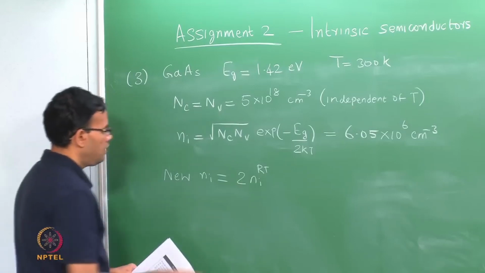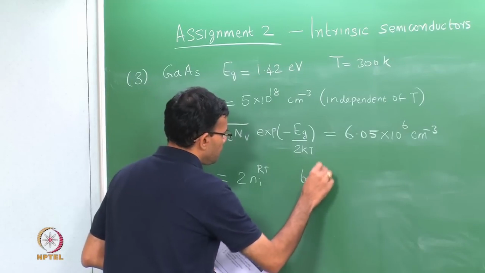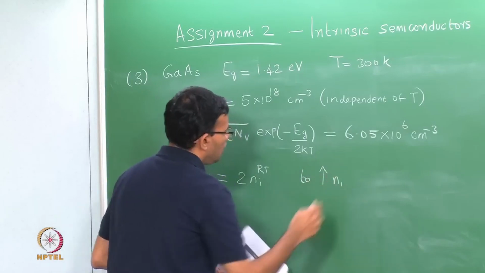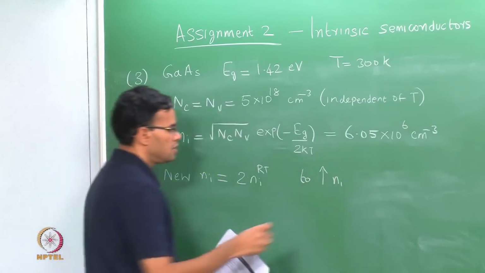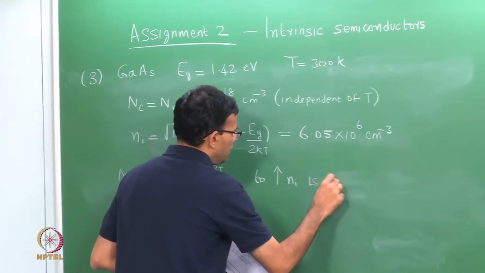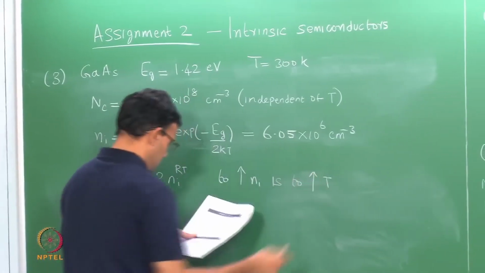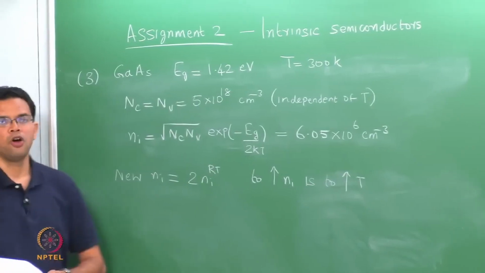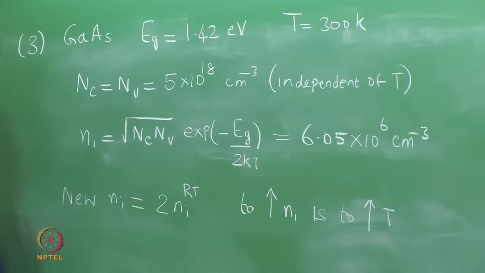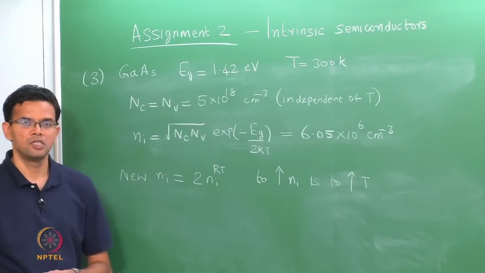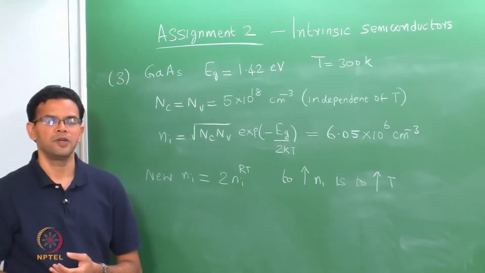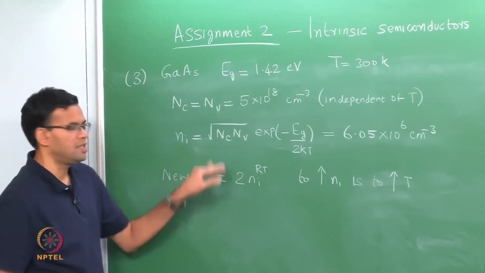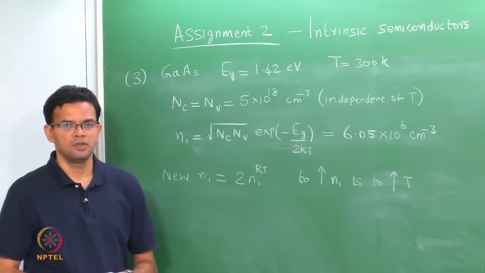So, the only way to increase Ni without adding dopants is to increase temperature. So, we want to know what the new temperature is when the value of Ni is 2 times the Ni at room temperature. So, we will once again use this expression.